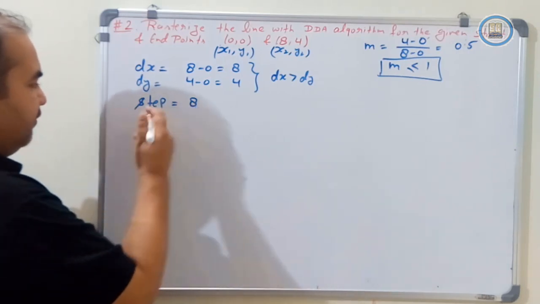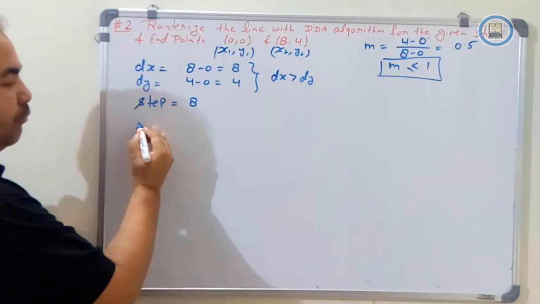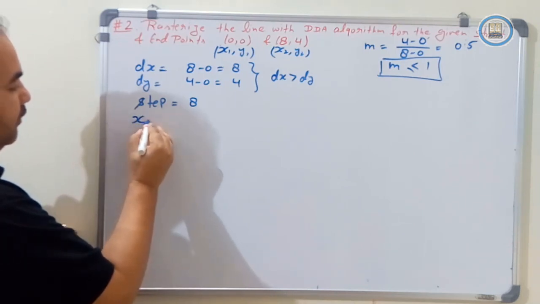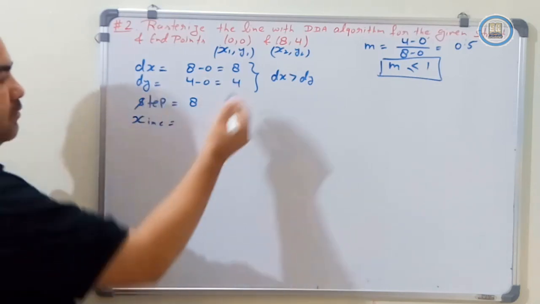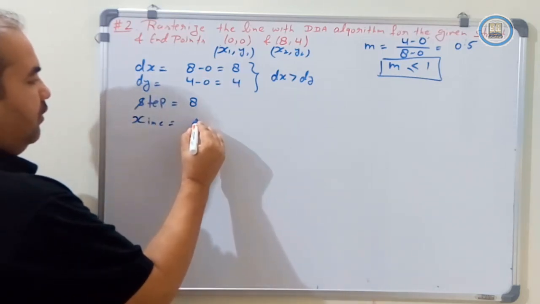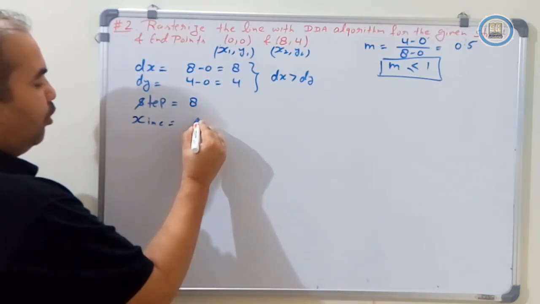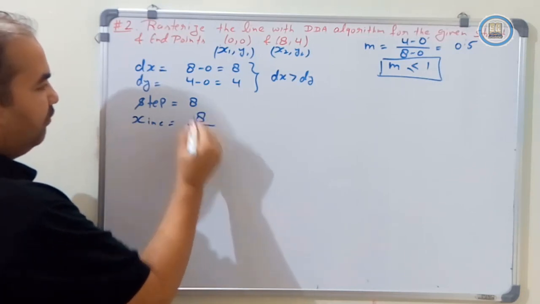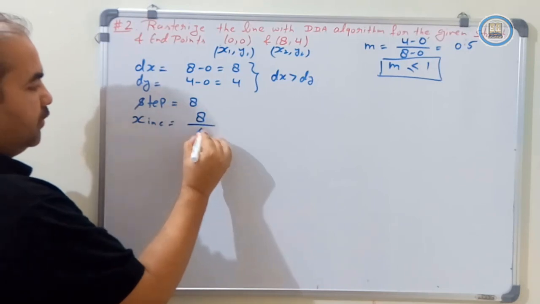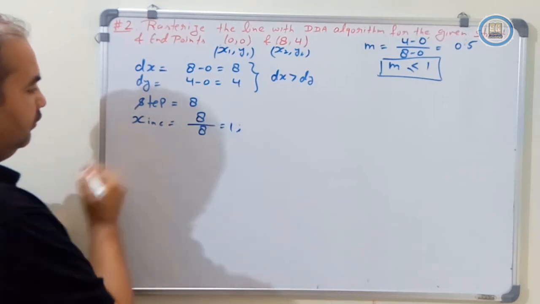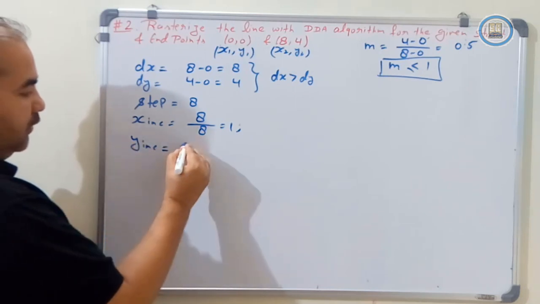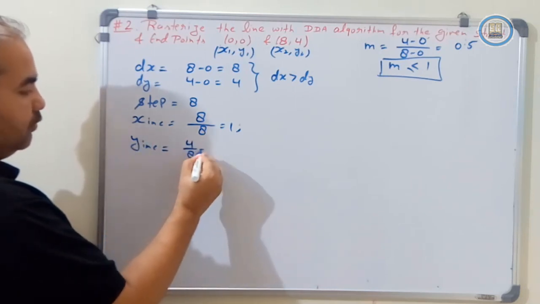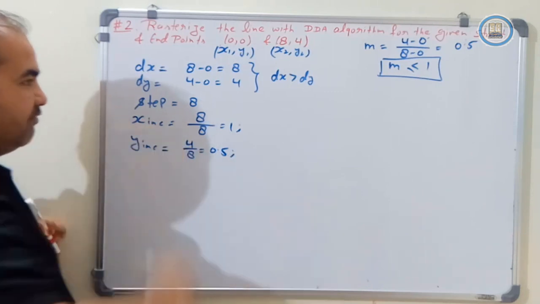The next thing is that we need to calculate the value of x increment and y increment according to the algorithm. x increment is dx upon steps. The value of dx is 8 and the number of steps is 8, so x increment is 1. The next thing is the y increment. This is 4 upon 8, so the value of y increment is 0.5.